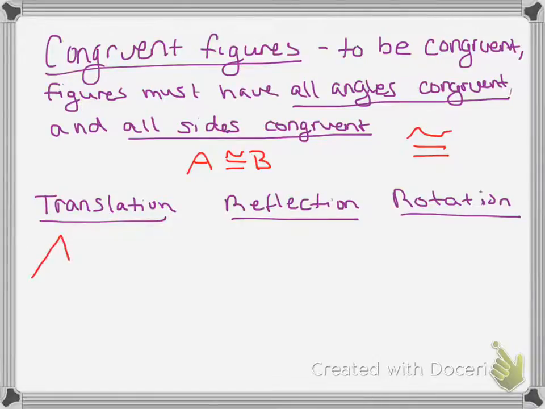So just a quick reminder, a translation is a slide. That would be where you might have a triangle slid over. And if it's been translated, all of the sides are the same. So if this is 1, 1, and 1, this one is 1, 1, and 1. And all of the angles would have to be the same.